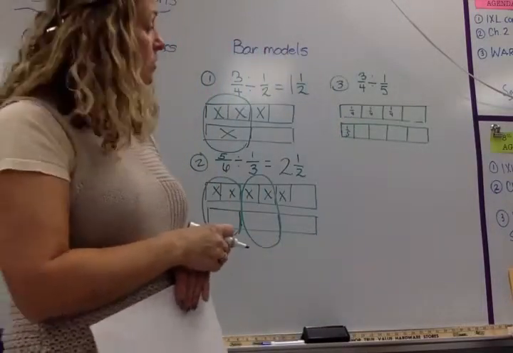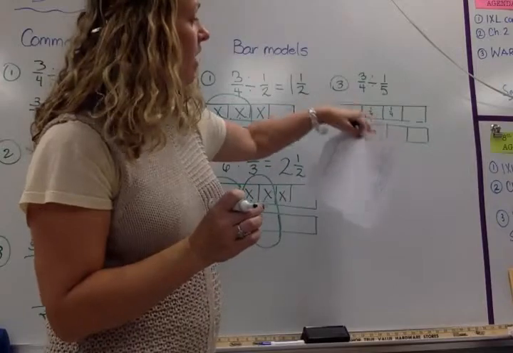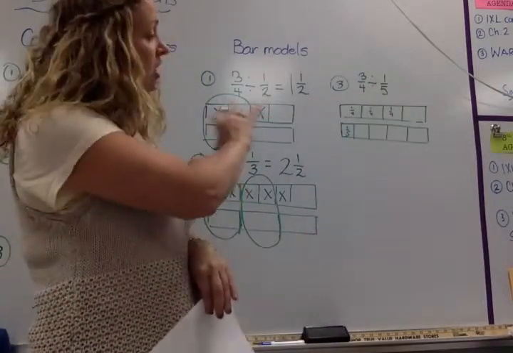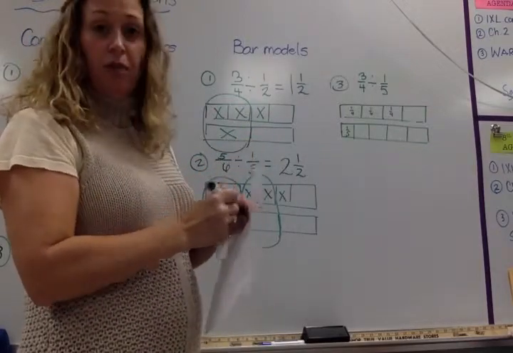This is very difficult to decide because the lines don't line up. We're going to need to change the model a little bit so that it's easier for the numbers to line up.